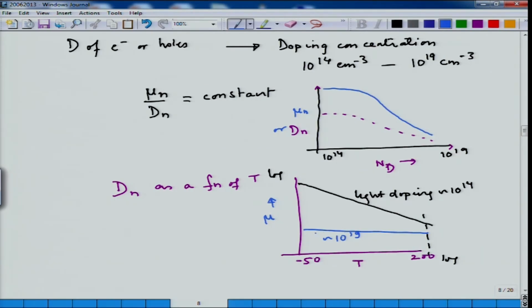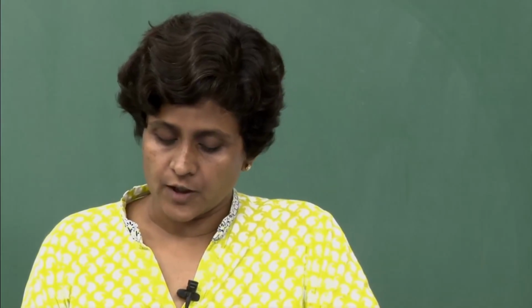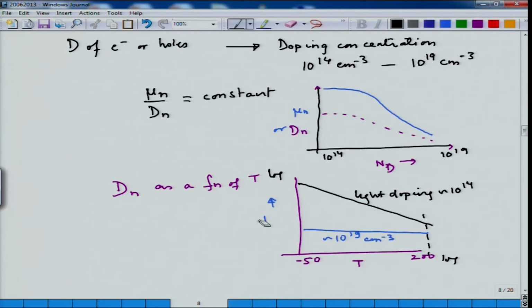The reason for this more flat dependence is that at higher concentration, we have more impurity scattering dominating over the lattice scattering, and hence the behavior is more flat. So, this is the behavior as a function of temperature for the diffusion constant, which also looks similar to that for the mobility, depending on how much doping I have in the semiconductor.